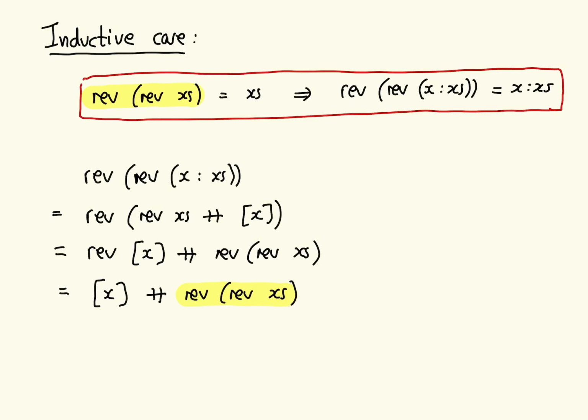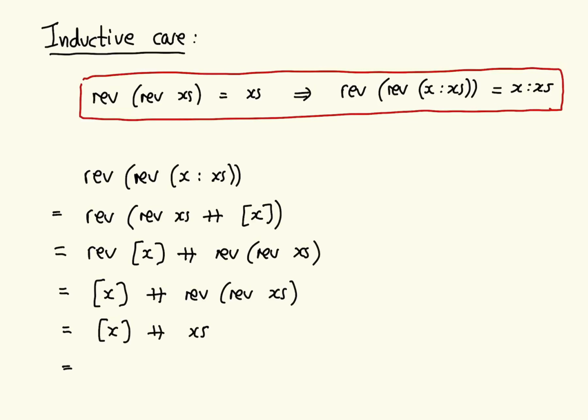So by induction, I'm allowed to assume that if I reverse x's, then it's the same thing as x's. So I could apply my induction hypothesis to this part here in yellow, and that would simply be, copy that bit down, x's. And now I'm basically done.